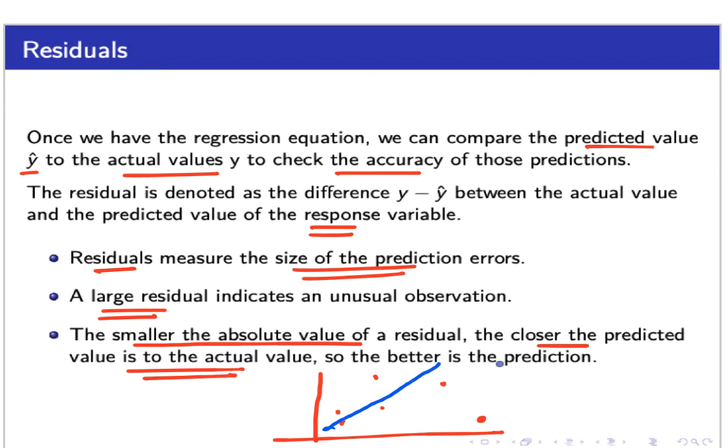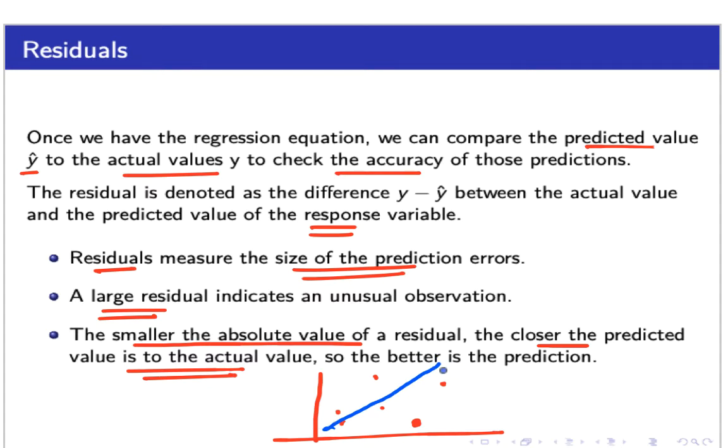Let me draw this in red so you can see it better. All of the observations are close, and these two are a little farther from each other. I'm just going to remove this little one. Now look at this one. This is my regression line.